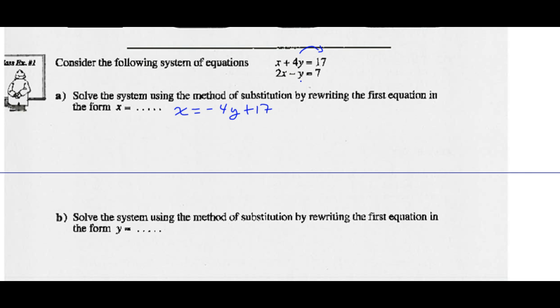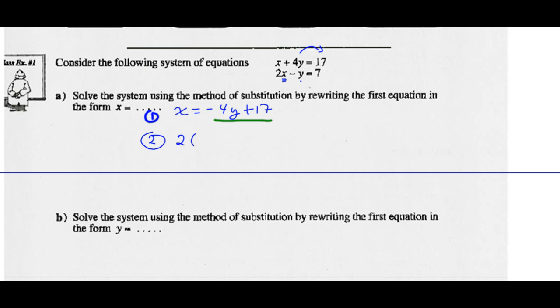Now, step 2, we're going to take that expression for x and we're going to substitute that expression in for x in the second equation. So everywhere I see an x in the second equation, I'm going to plug in the underlined expression, negative 4y plus 17.